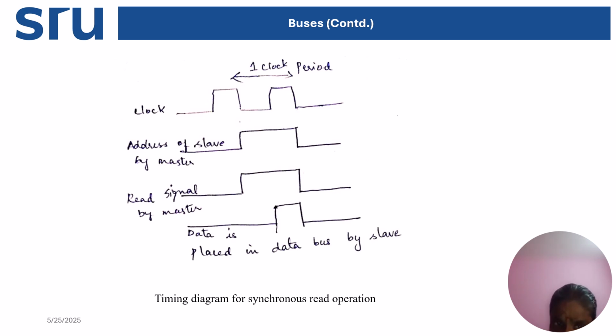Both the off period and the on period of the clock are utilized for sending the address of the slave and the operation signal, I mean a read signal or write signal. But during the on period only, the data is placed on the data bus by the slave. The addressed slave is putting its data on the data bus.